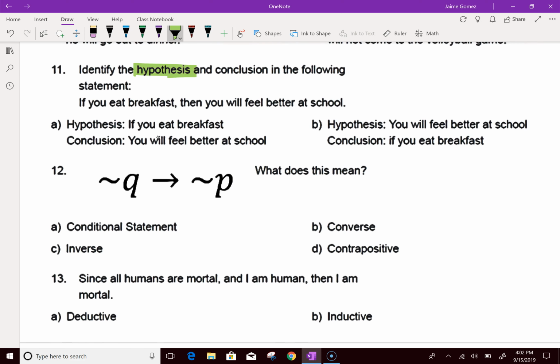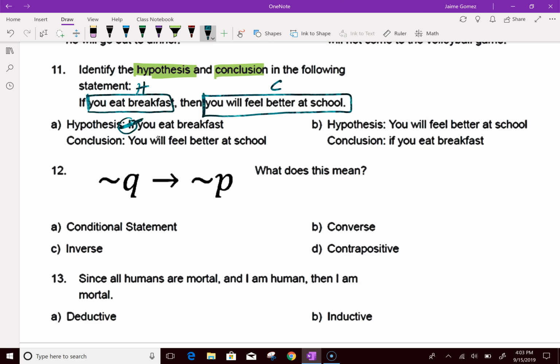Number 11 is the hypothesis and conclusion. That's just the first and the second part, after the word if, remember that. So if you eat breakfast, right here, this is the H, which is the same thing as the P. Then you will feel better at school, which is the C. Did I underline the word if or did I box it in?